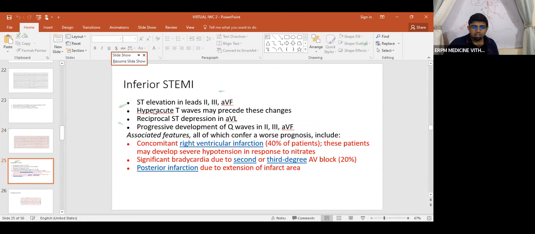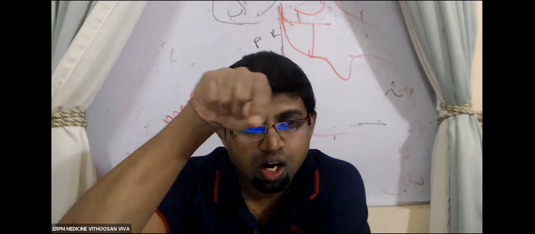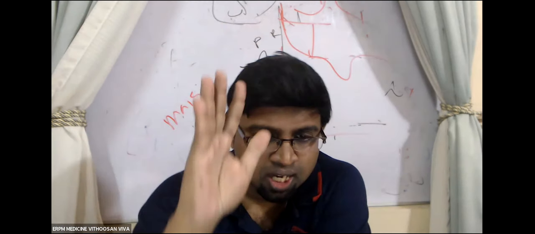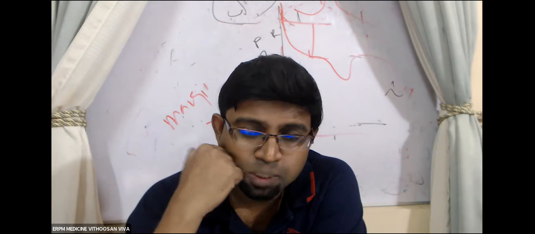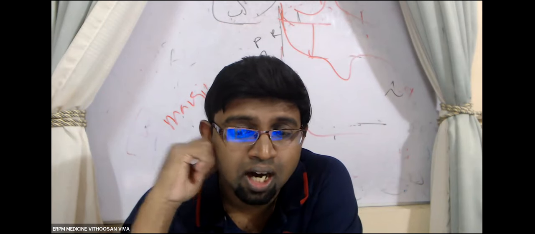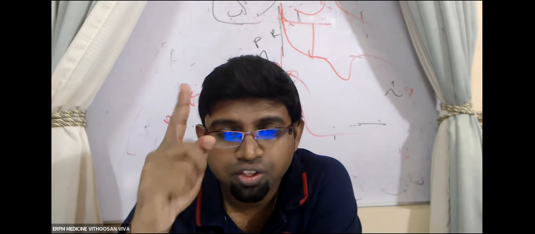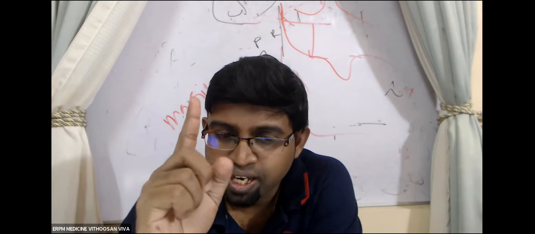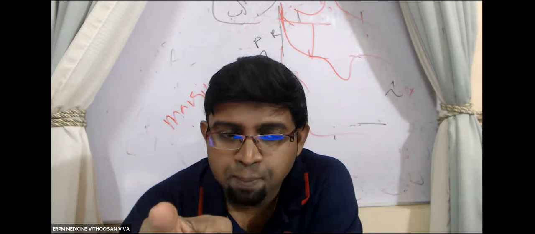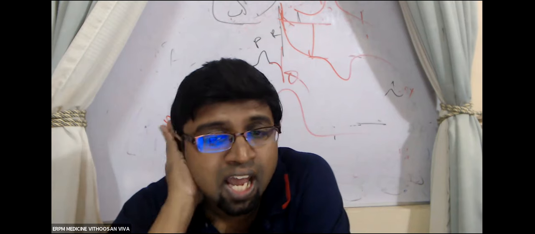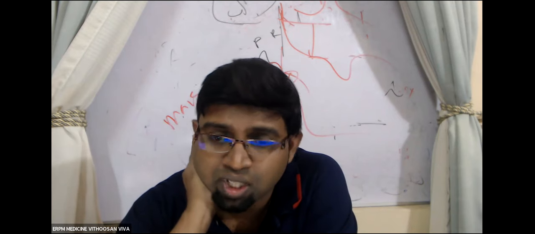What is supplying the inferior surface of the heart? The posterior interventricular artery. This posterior interventricular artery is a branch of what artery? The right coronary artery. So inferior MIs are due to a right coronary artery problem.